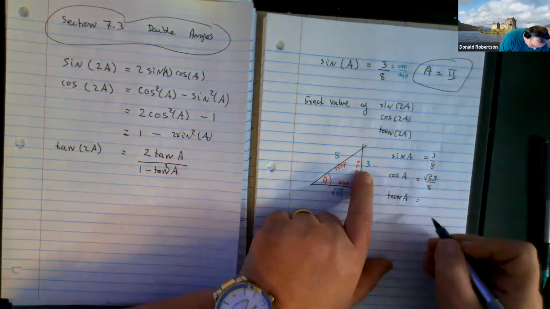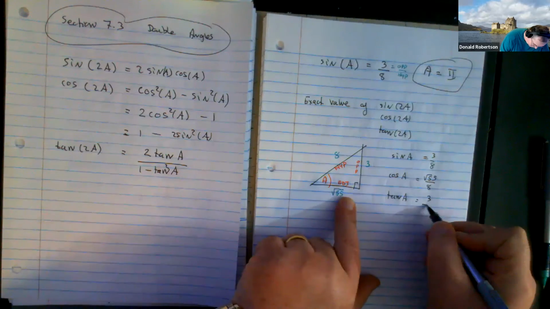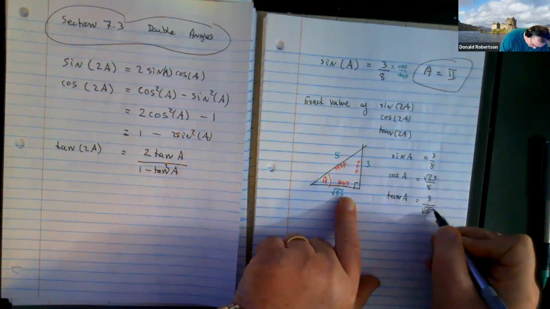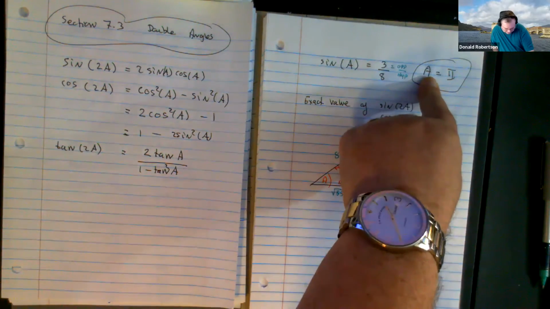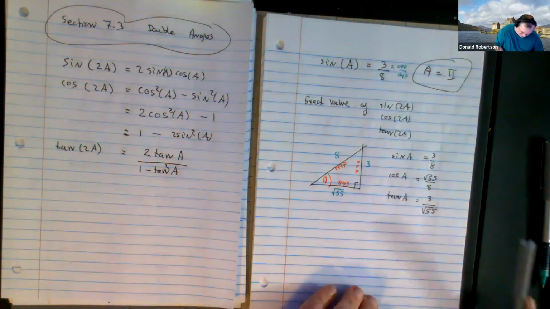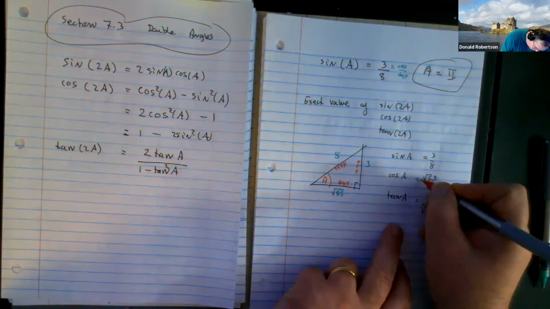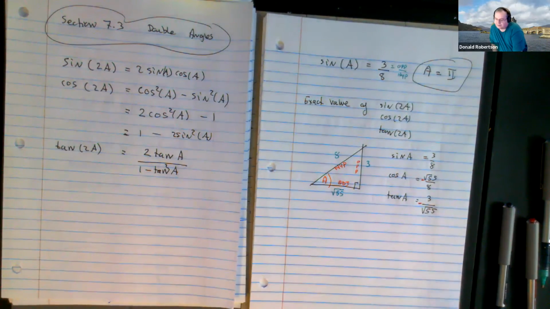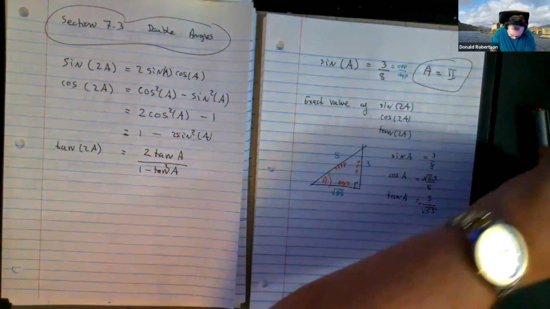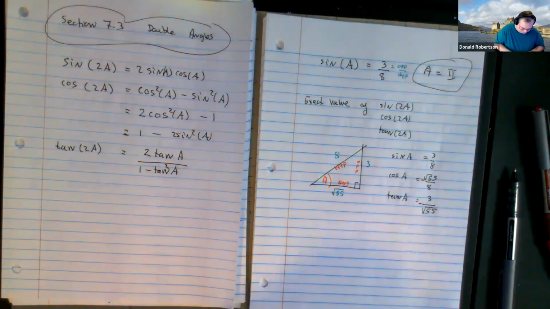The tangent is the opposite over the adjacent. But since I know the angle is in the second quadrant, won't the cosine be negative and so will the tangent? So you notice how those two are negative. That makes sense? Right. Now, we've got all the building blocks.